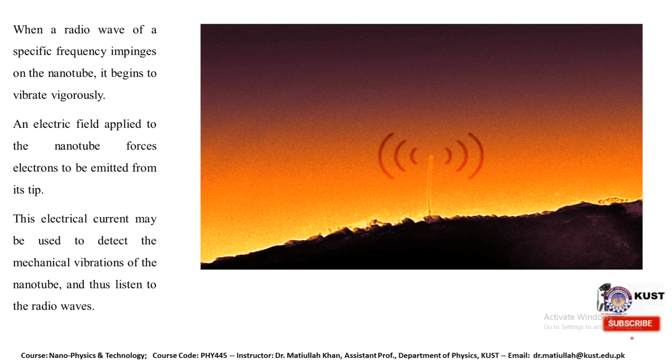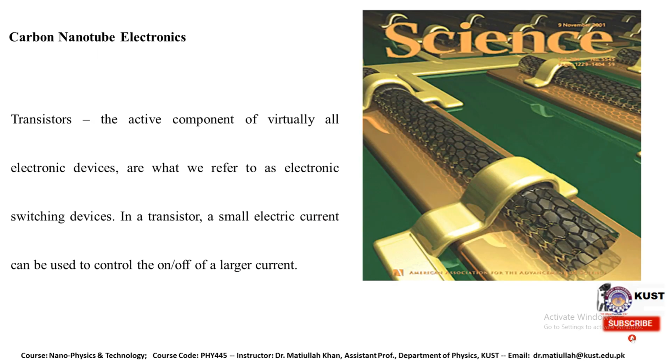So this electrical current may be used to detect the mechanical vibration of the nanotube and thus listen to the radio waves. So this could be used in radar technology to create some current as a result of some microwave. This is a specific detector of microwaves in the microwave regime, that is specially used in radars.